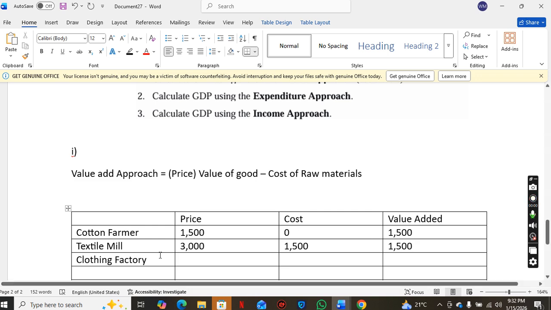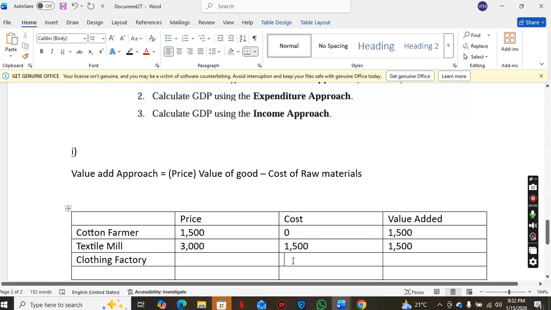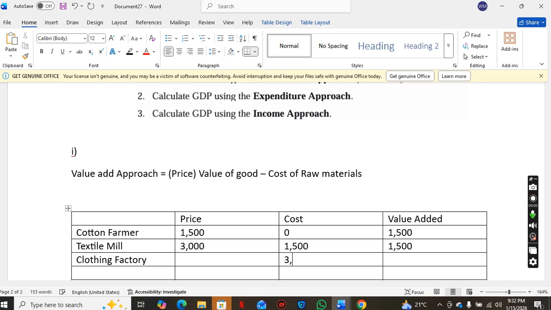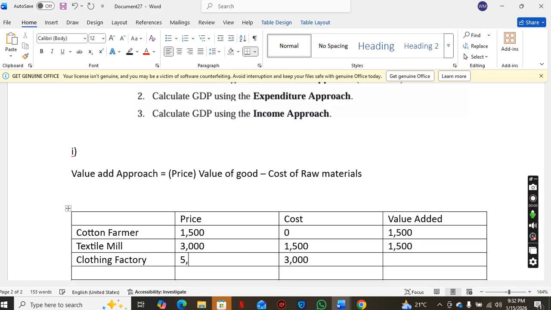The clothing factory buys the fabric from the textile mill at 3,000 kwacha because the textile mill sold it to the clothing factory. So the cost of the raw materials for the clothing factory, which is the fabric, is 3,000 kwacha. The clothing factory sells the clothes for 5,000.